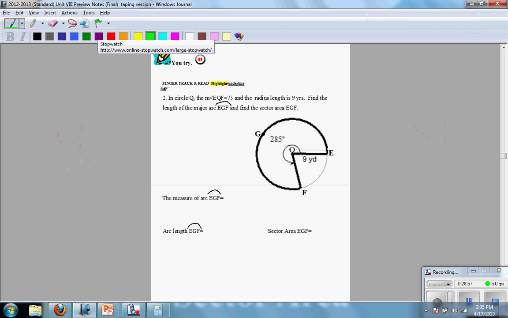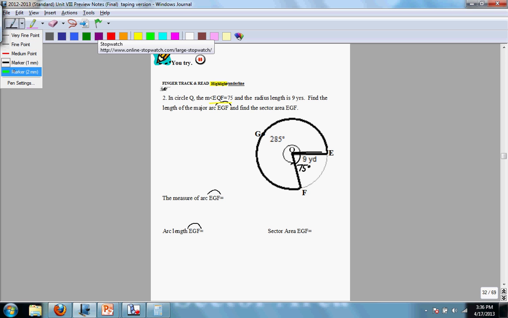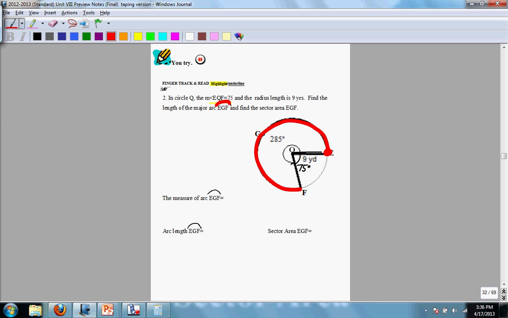Alrighty, let's see how we did here. So we know that in this case it says circle EQF has 75 degrees right here. This is 75 degrees. And the radius length is 9 yards. Find the length of the major arc EGF.